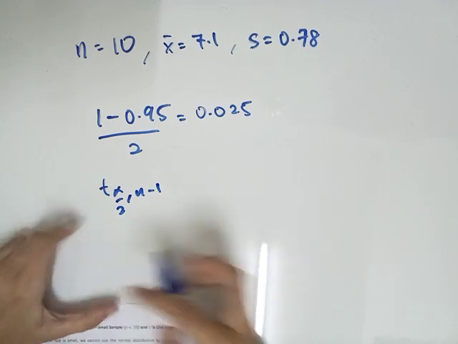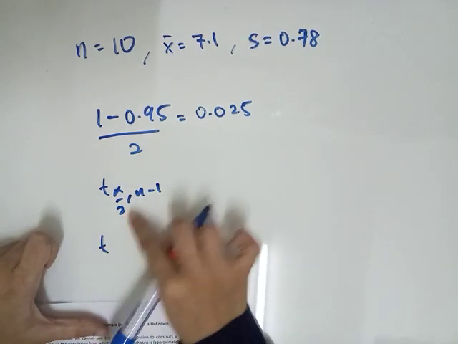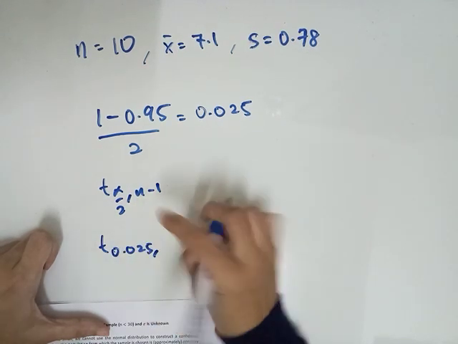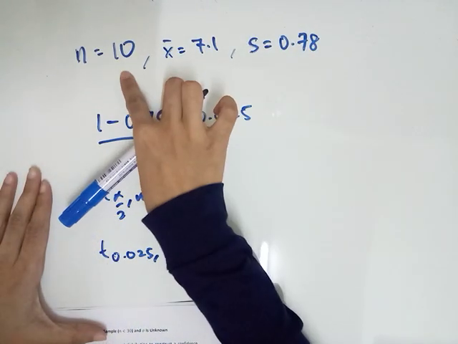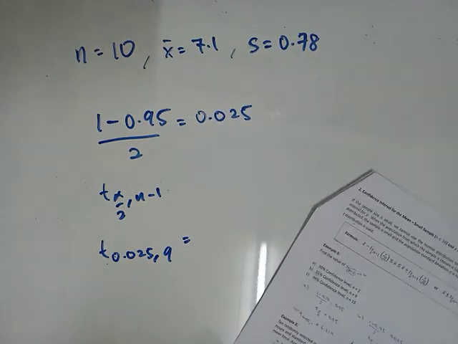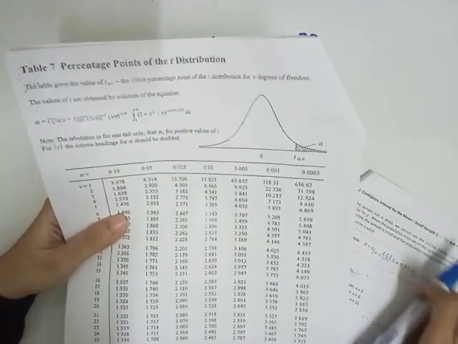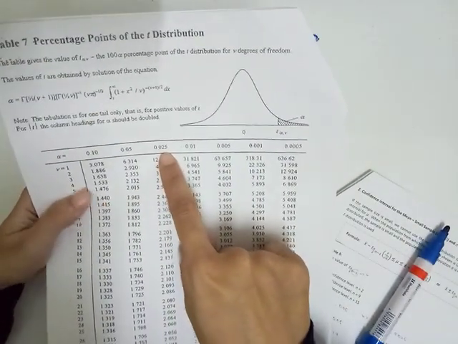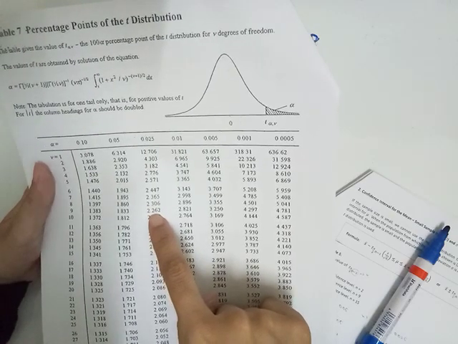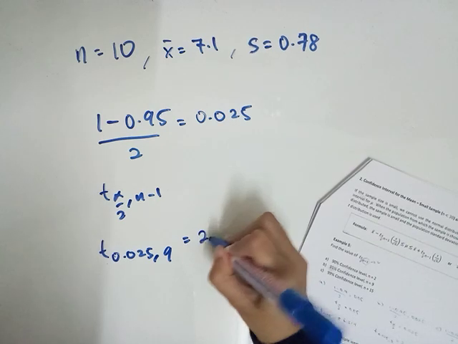We know that T alpha over 2, area in the right tail, is 0.025. n minus 1, we know that n is 10, 10 minus 1, we get 9. So, the T value when alpha is 0.025 and v is 9 is 2.262. That is the T value.